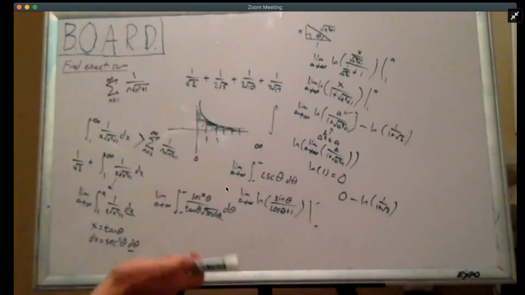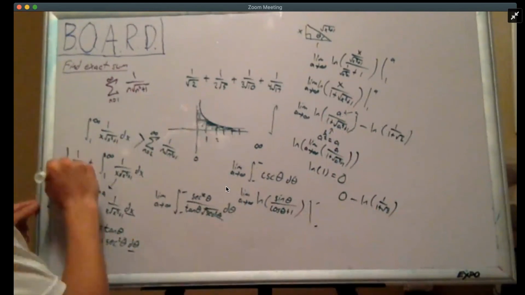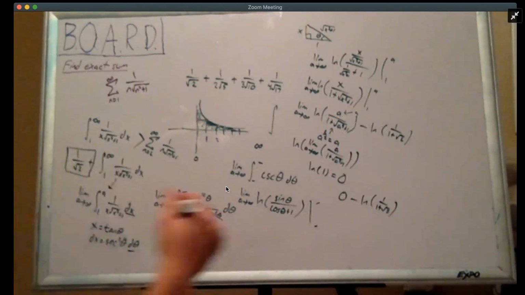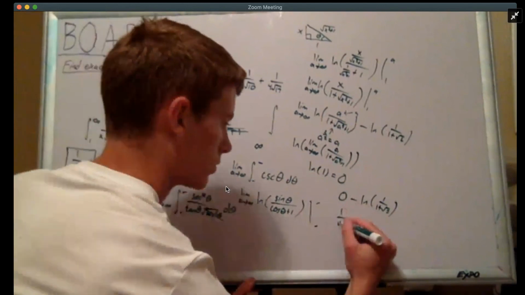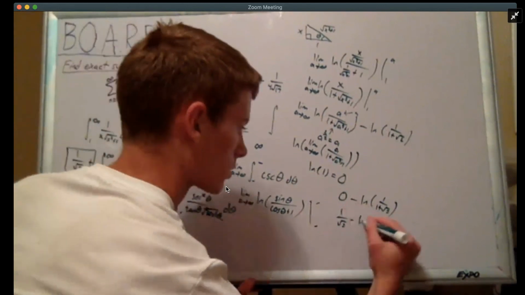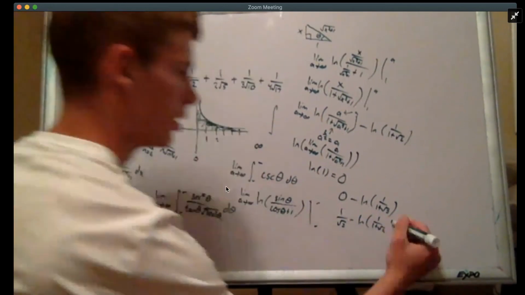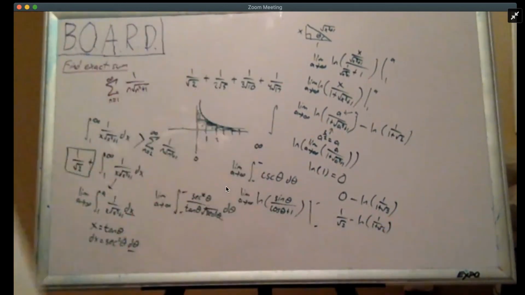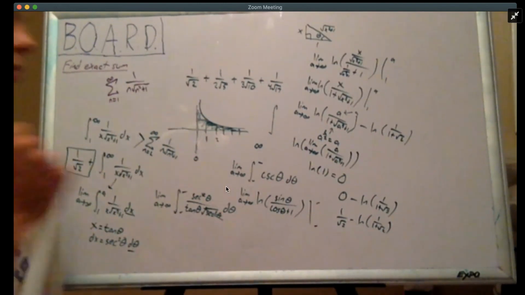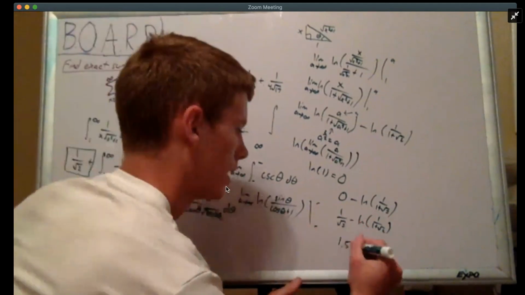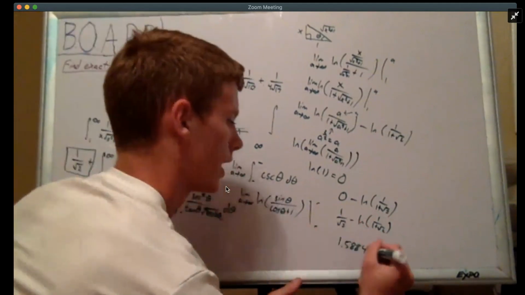And we still have to add in this part. 1 over root 2 minus natural log of 1 over 1 plus root 2, which is going to equal 1.58848.